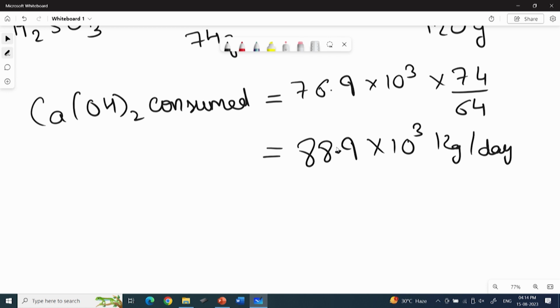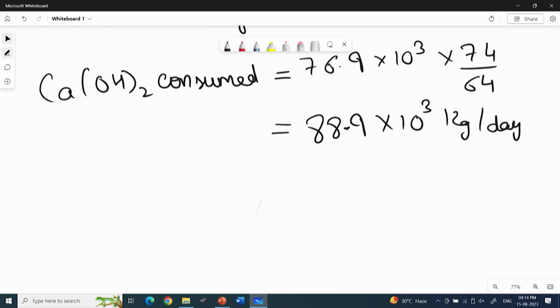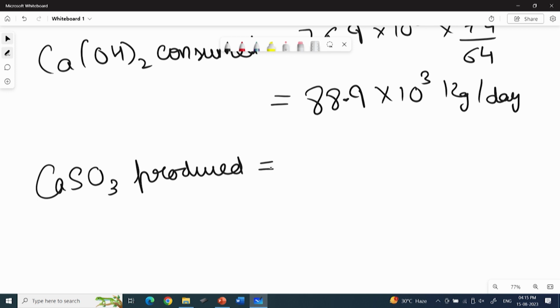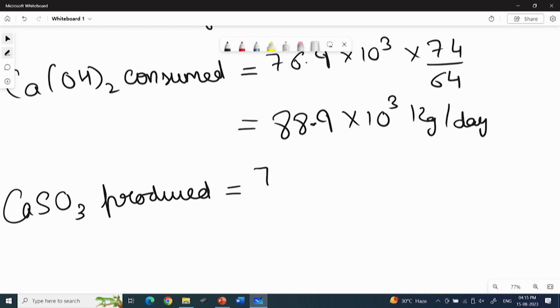Further, if we want to have a look at the production of CaSO3, we can write a similar equation wherein we have 76.9 into 10 to the power 3 into 120 divided by 64.